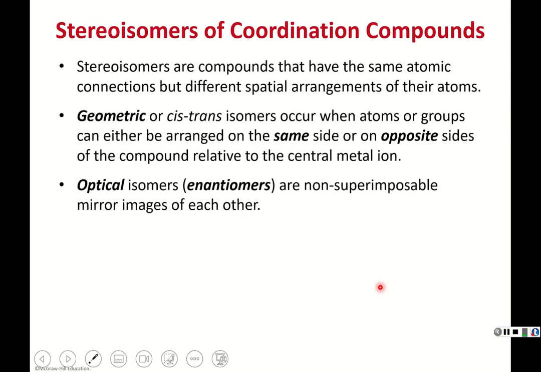Cis and trans means they're arranged on the same side or opposite sides. You can have other geometric isomers that aren't necessarily cis and trans. And then optical isomers, those are the non-superimposable mirror images, also known as enantiomers, and those are called optical isomers because they can rotate plane polarized light in different directions.